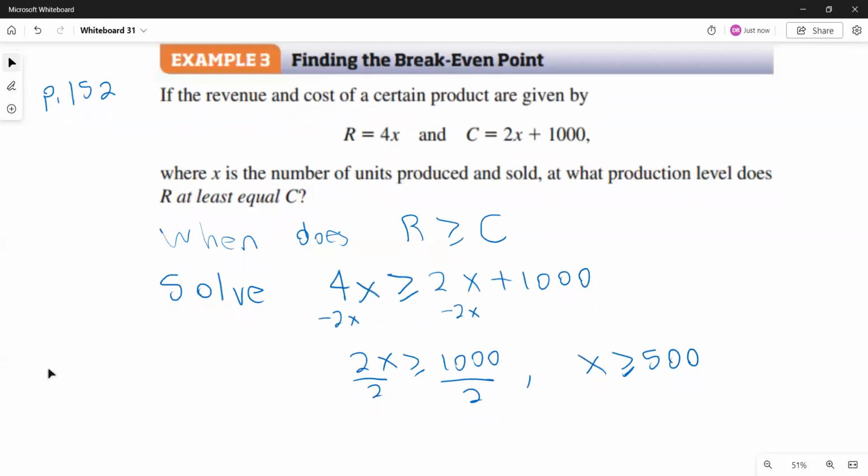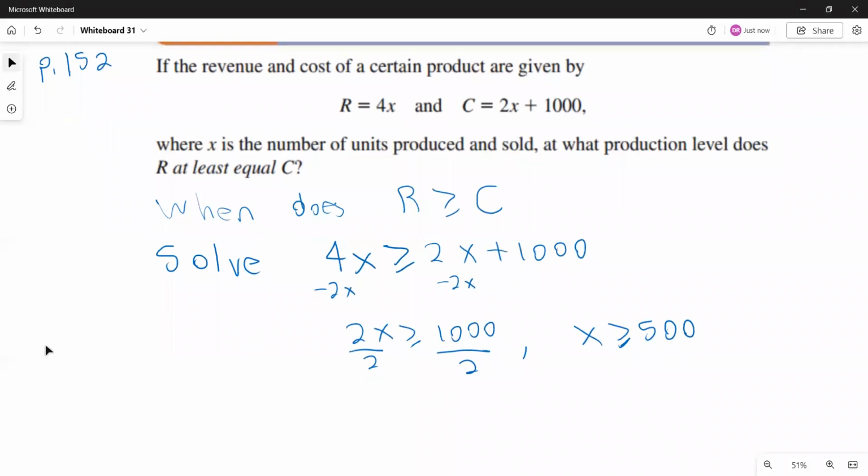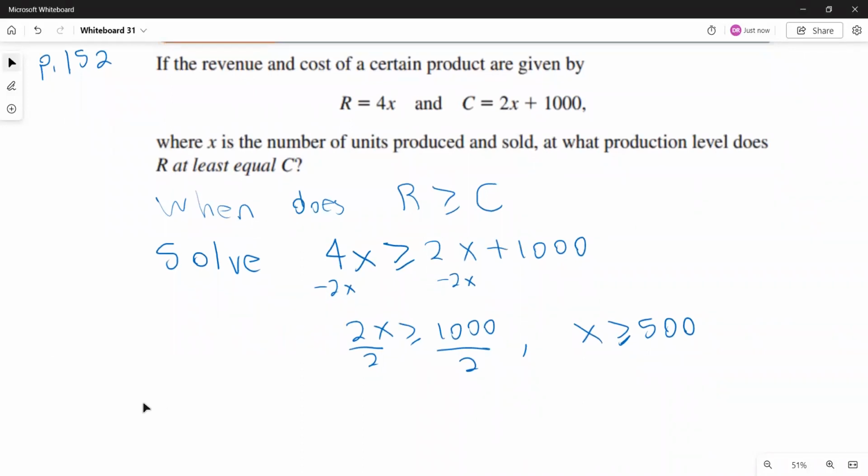The solution set is going to be 500 to infinity, including 500.